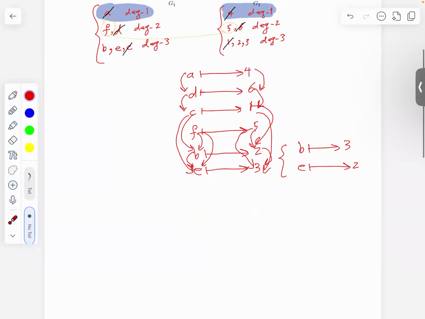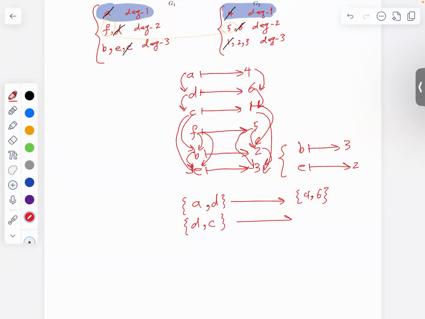So you can add this one, the map of A, B, or 6, D, C goes to 6, 1.